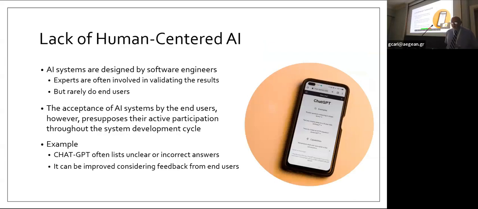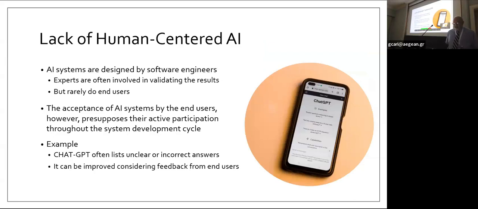Another important problem is the lack of human-centered design in AI systems. In particular, these systems are designed by software engineers who mainly are concerned to develop algorithms, prepare the dataset, train the model based on the data, debug, and evaluate the system.